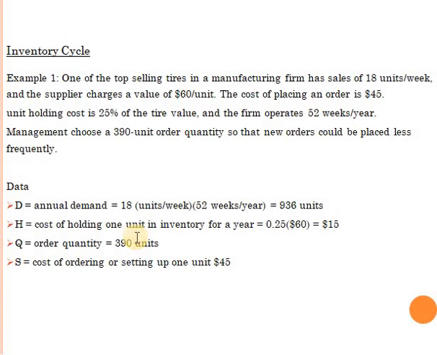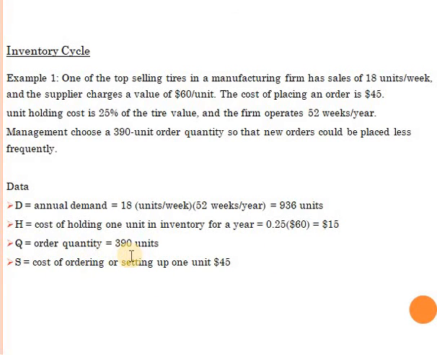So D equals 18 units per week. And I work for 52 weeks per year, so I have the total of 936 units. This is my demand. H, the cost of holding 1 unit for 1 year. We said that it's 25% of the value of the tire, which is $60, so the holding cost is $15.